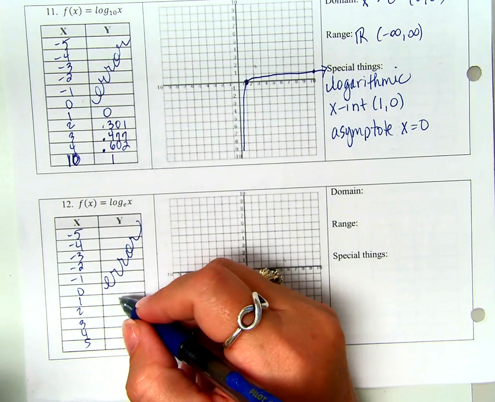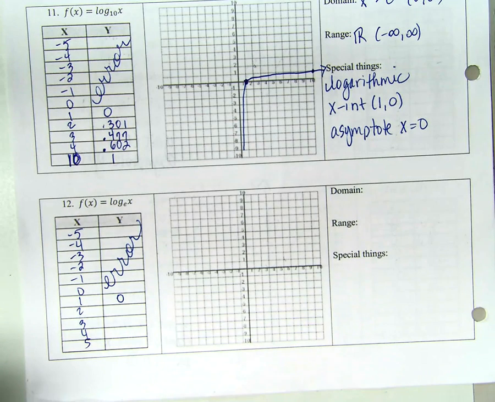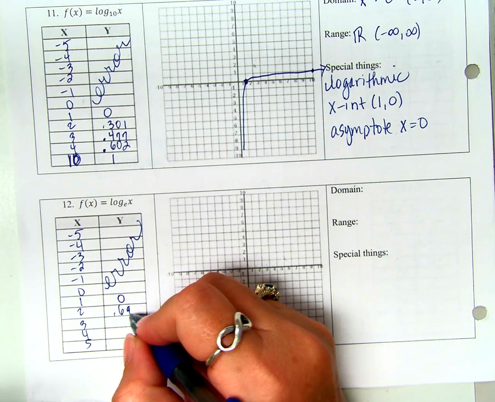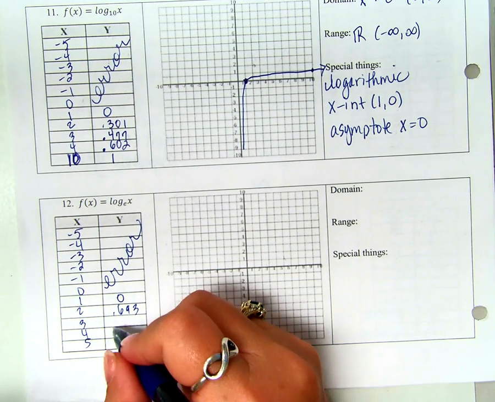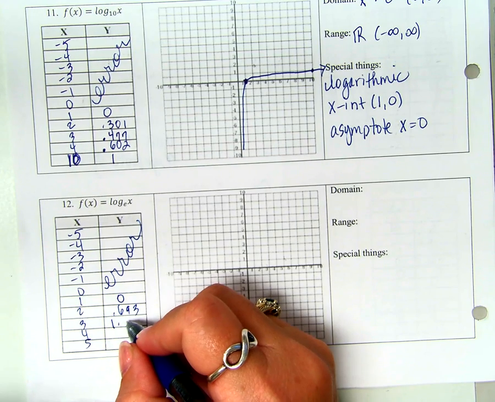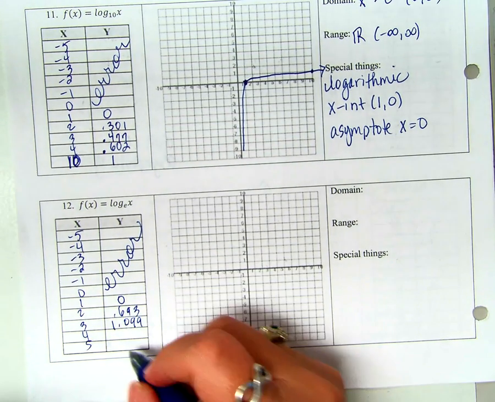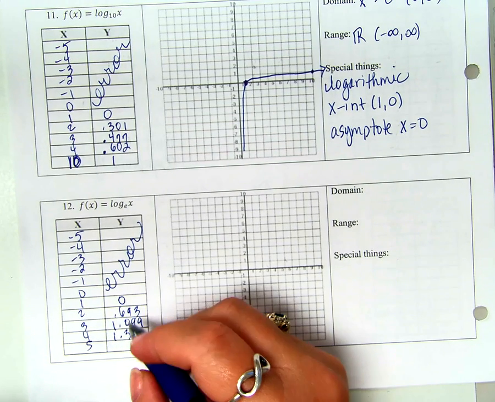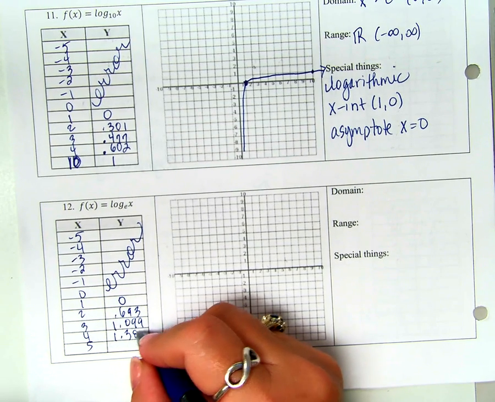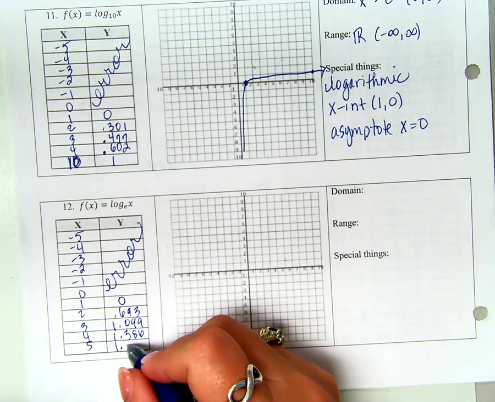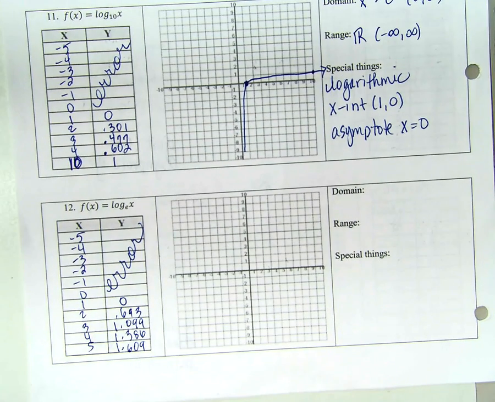Guess what 1 is? 0. Then 0.693, 1.099, 1.386, and 1.609.